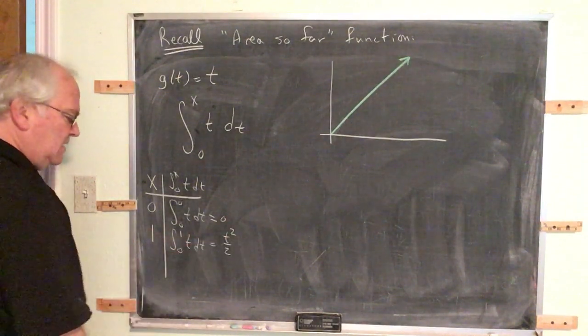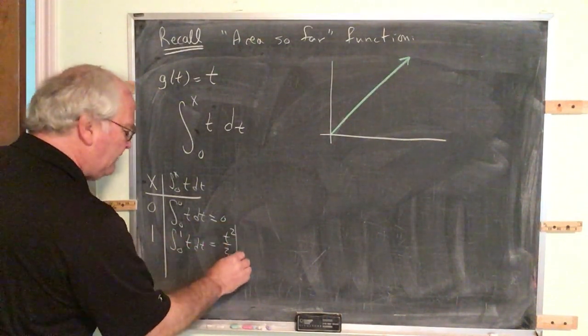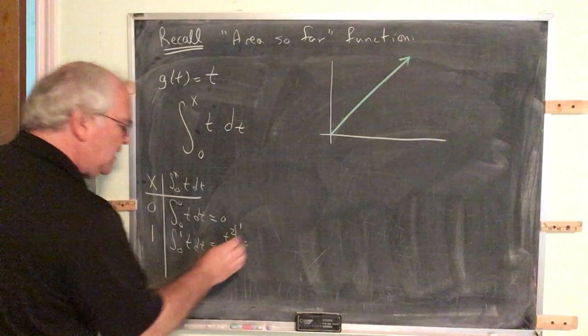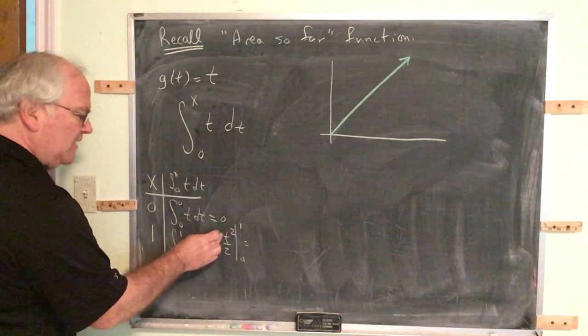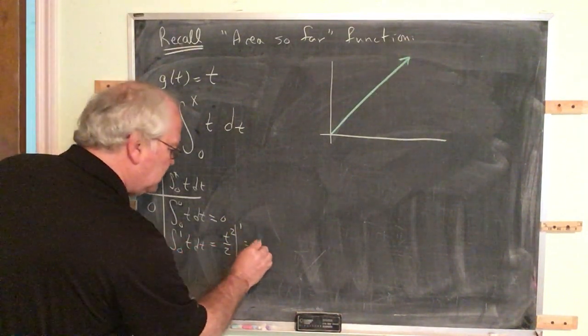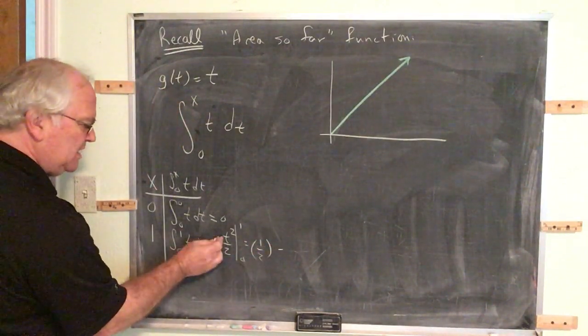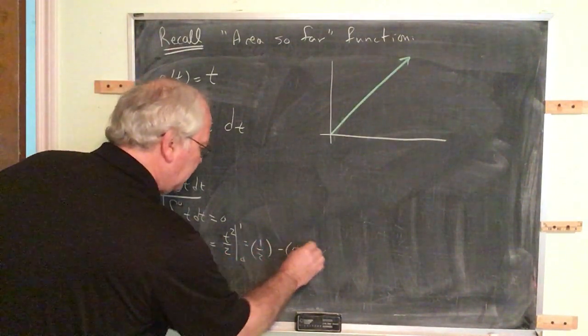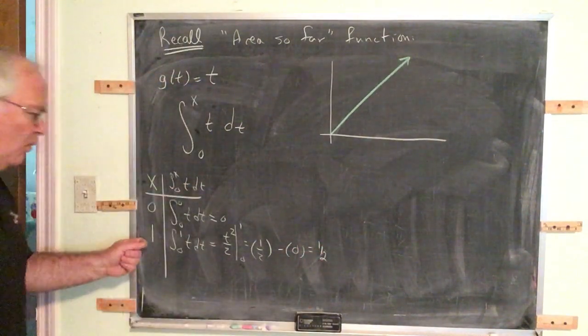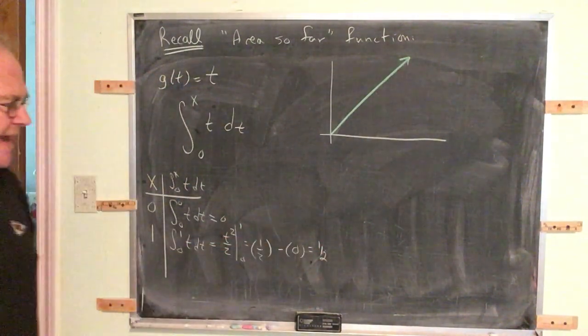And we're choosing the constant to be 0. And we evaluate that from 0 to 1. When you evaluate at the top value, that's 1 squared over 2, which is 1/2. Minus evaluate at the lower limit, that's 0 squared over 2, that's 0. So that's 1/2. If 1 is the input, 1/2 is the output.